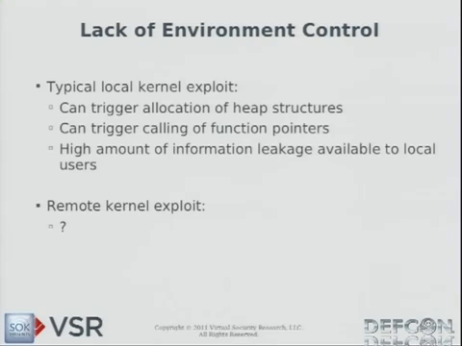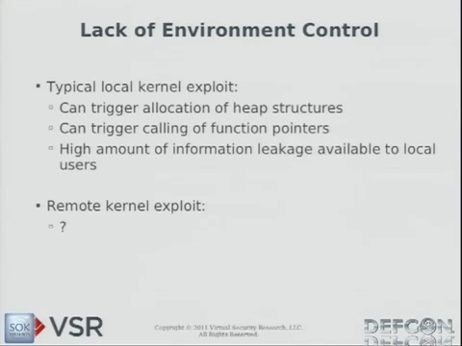The second main obstacle, in my opinion, for these kinds of exploits is that you have very little control over the environment that you're trying to exploit. And this is a shared property of all remote exploits. If you're dealing with a local kernel exploit where you have an unprivileged account on the machine, you have a lot of exploit primitives, building blocks that you can use to make writing exploits easier.